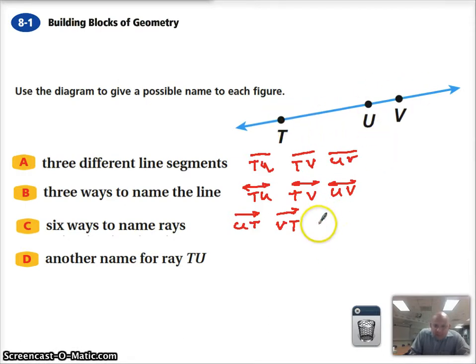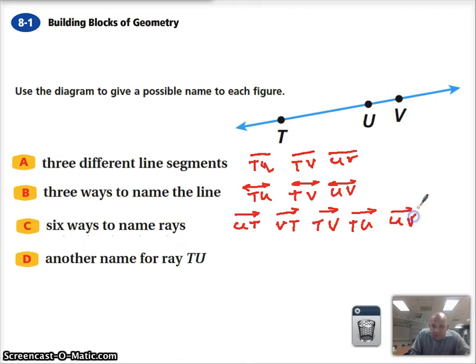In the other direction, I can name it TV, if the endpoint starts here at T and extends forever in that direction through V. There's another one, TU, same thing, starts at that endpoint and extends on forever. I can also start at U and go through V for another ray.